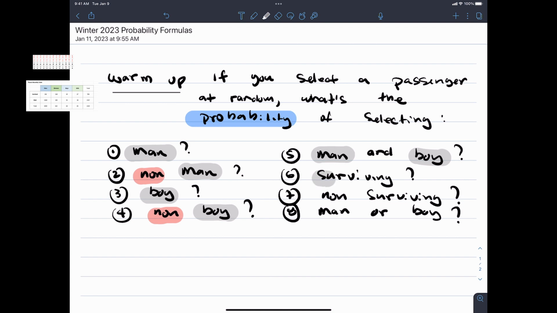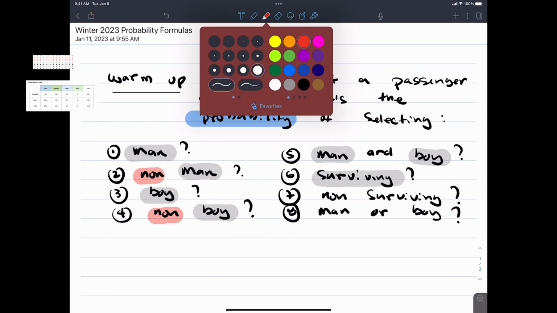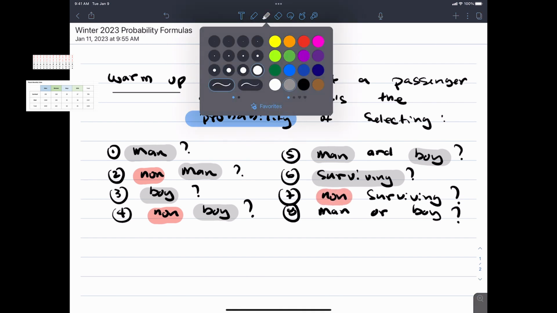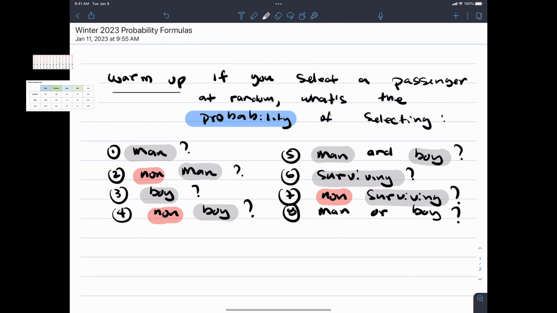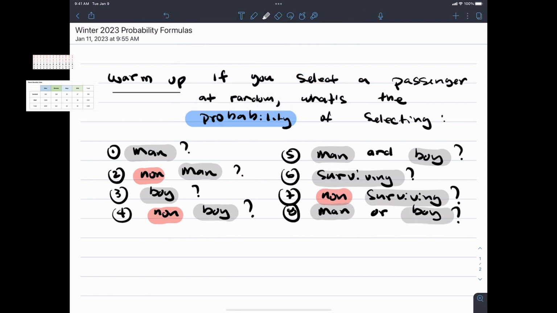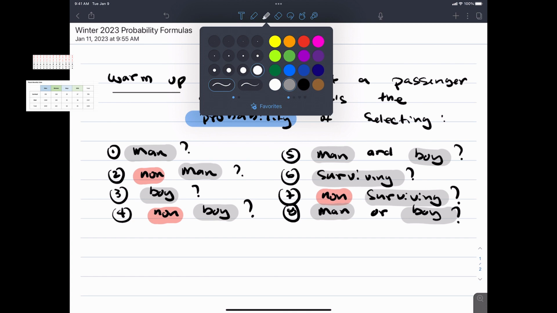What's the probability of surviving? And then what's the probability of another complement, non-surviving? So this is kind of going over some of the things we talked about yesterday. And then look at this question. What's the probability you're a man or you're a boy?